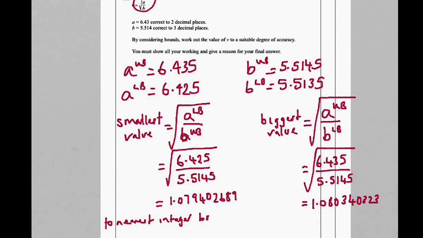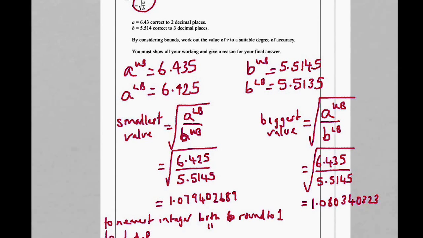Both round to 1. To 1 dp, they both round to 1.1. To 2 decimal places, they both round to 1.08.